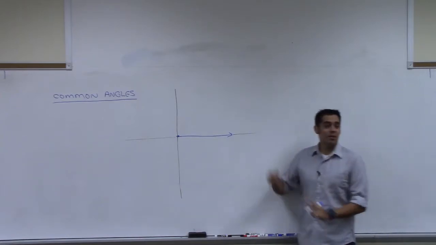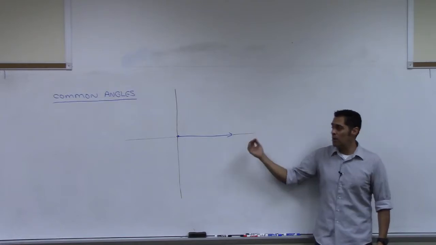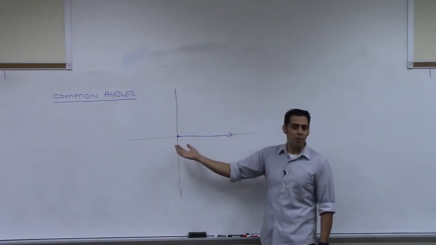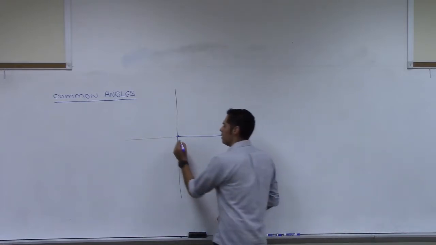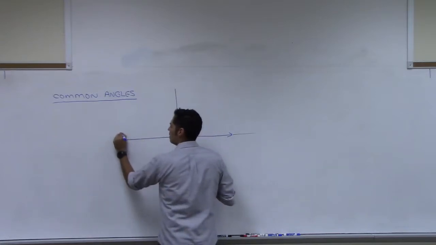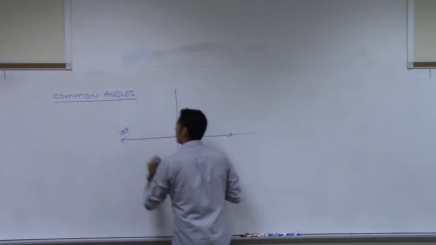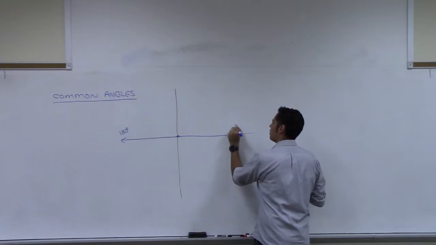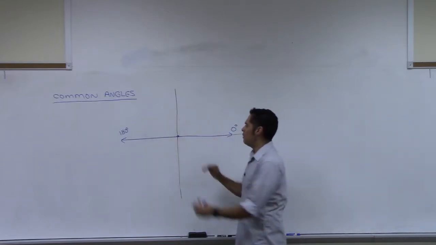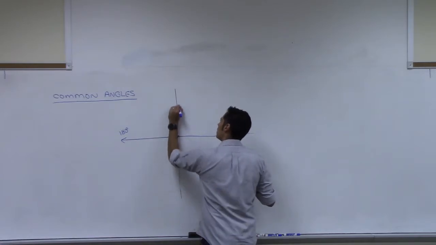Since there are 360 degrees in a full revolution, naturally cutting it halfway would be one important angle. We already talked about that. That would be 180 degrees. So this right here, I'm just going to label the ray. That's 180 degrees. This would be 0 degrees. And then if we cut this in half, we have 90 degrees.